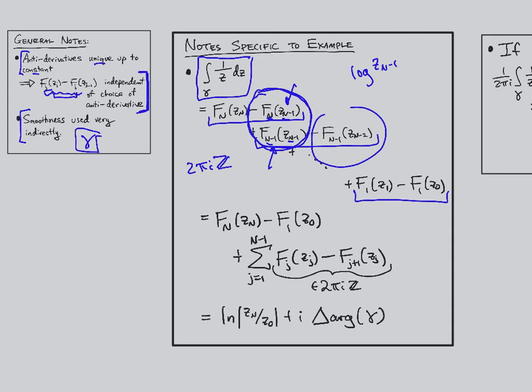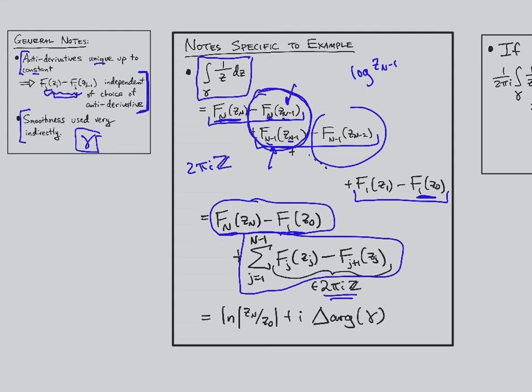So when we rewrite the sum this way, pulling off the end two terms that don't get put into here, I can write it as these end two terms plus these terms in the middle, where I'm comparing two different values of the log of zj, and so they have to differ by 2 pi i times integers.